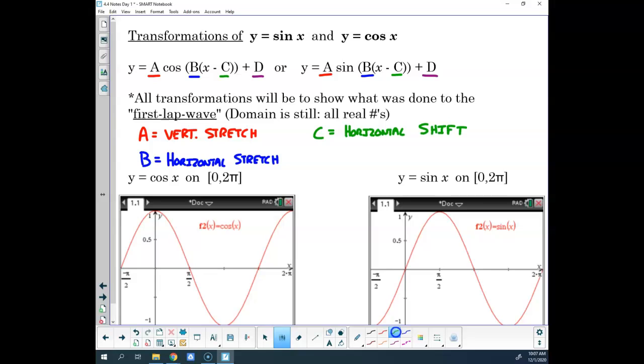So that's going to take the whole function and pick it up and move it horizontally. It's going to keep it rigid, but it's going to move it horizontally. And our D value is going to be our vertical shift. So again, it's going to pick the whole thing and move it up or move it down. One of the two.